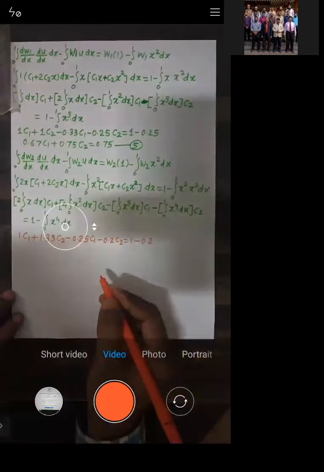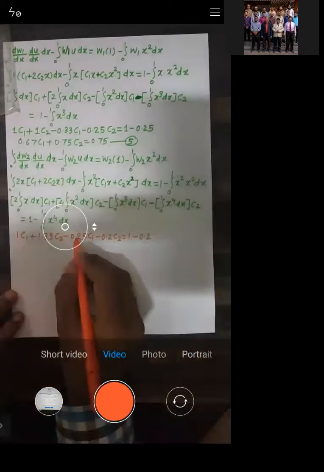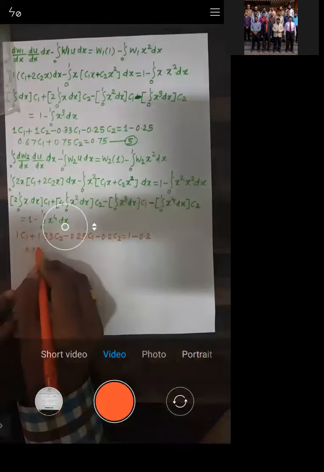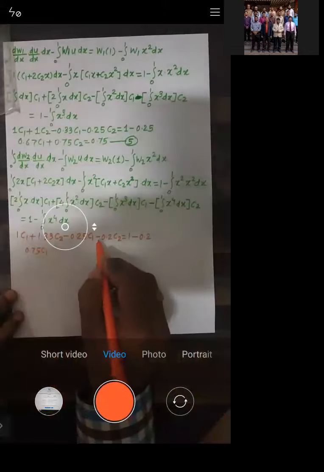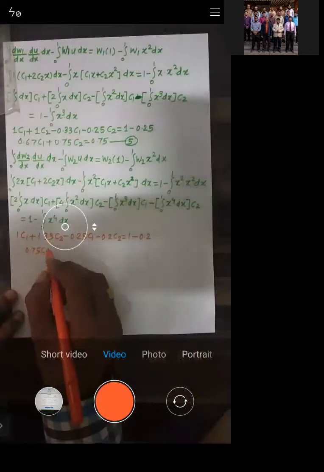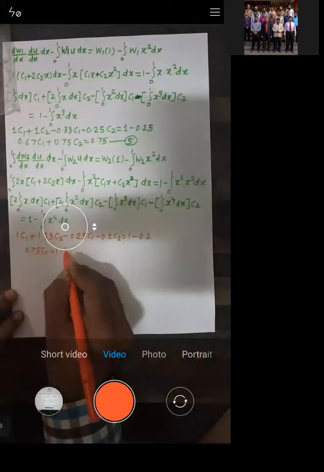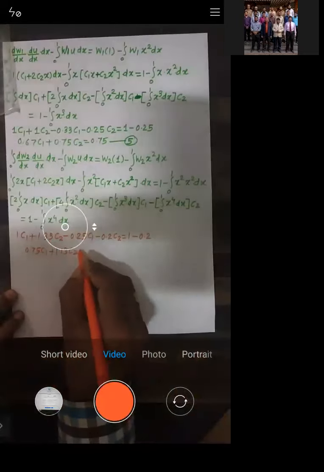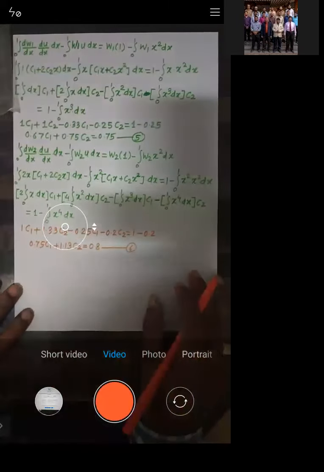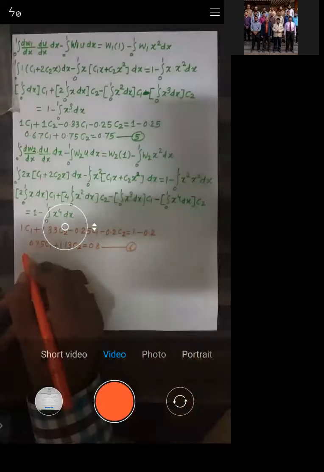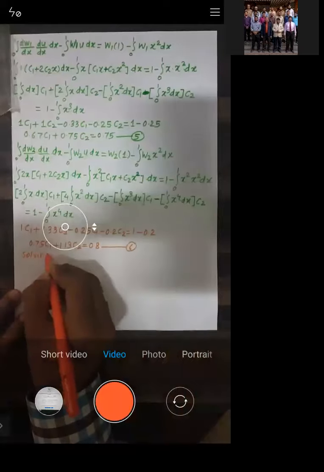So 1 minus 0.25 is 0.75 c1, and 1.33 minus 0.2 becomes 1.13 c2 is equal to 0.8. Let me write this as equation number 6.